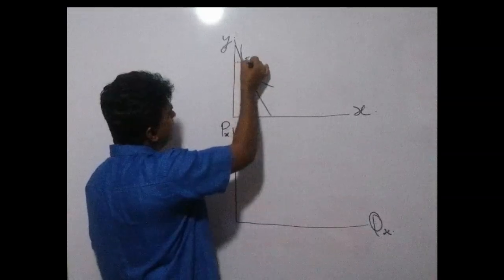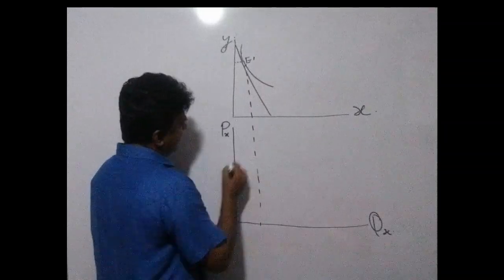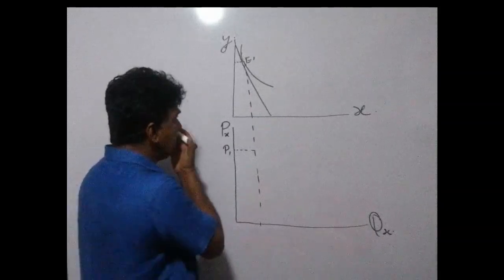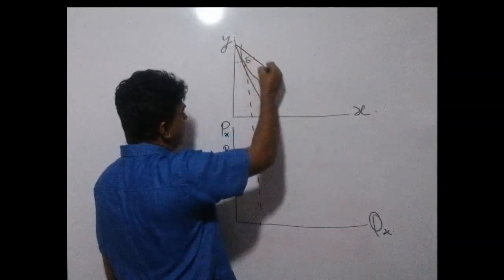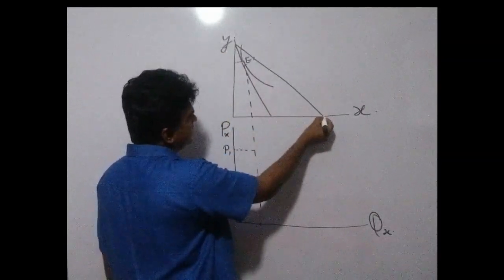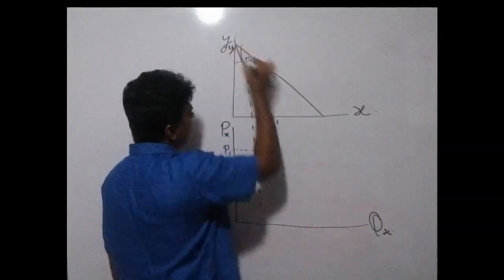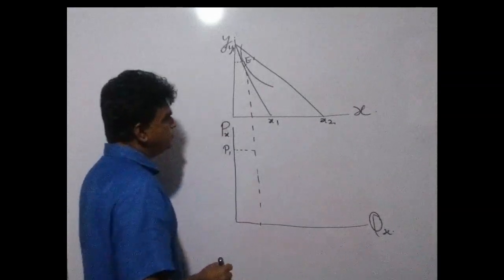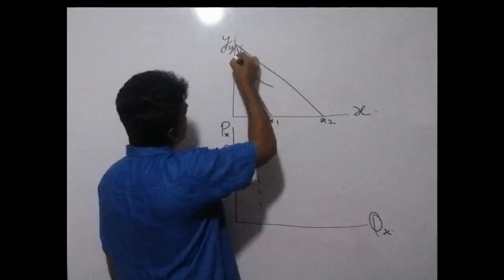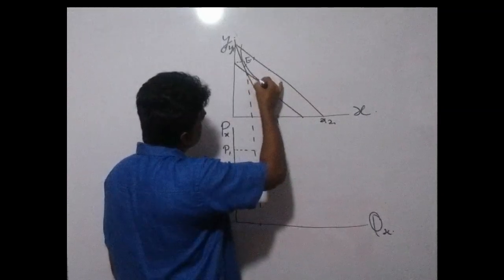Now there is an initial equilibrium E1, at this price level P1. This is the second budgetary line. We will say this is Y1 X1, Y1 X2. Then next, I am drawing another parallel line tangent to this.